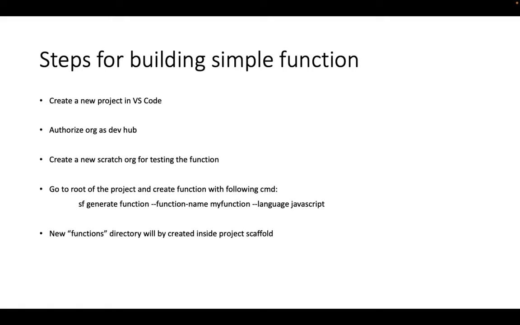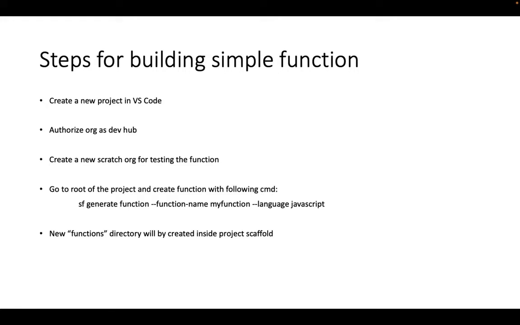After we have installed the mentioned software, we can go ahead and create a new project in VS Code. After we have created a new project, we need to authorize our developer sandbox as a dev hub. And thereafter, we can create a new scratch org for testing our function.